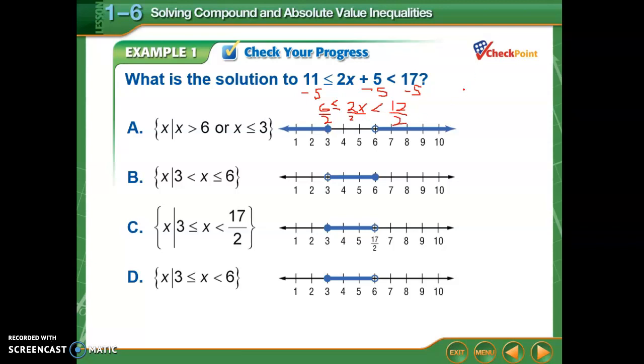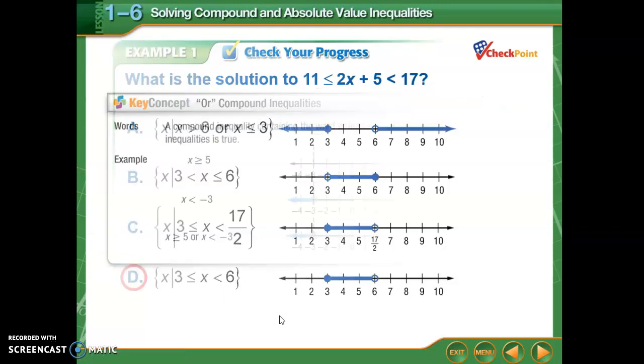So you will get 6 divided by 2 is 3, less than or equal to x, less than 6. So that's our compound inequality. Our best answer here is letter D: 3 less than or equal to x, less than 6.